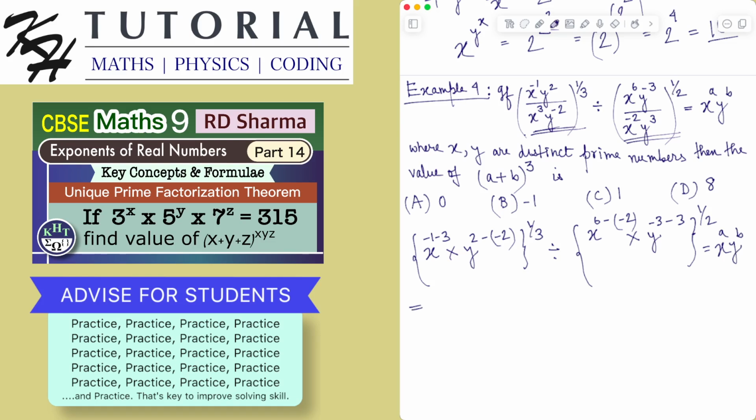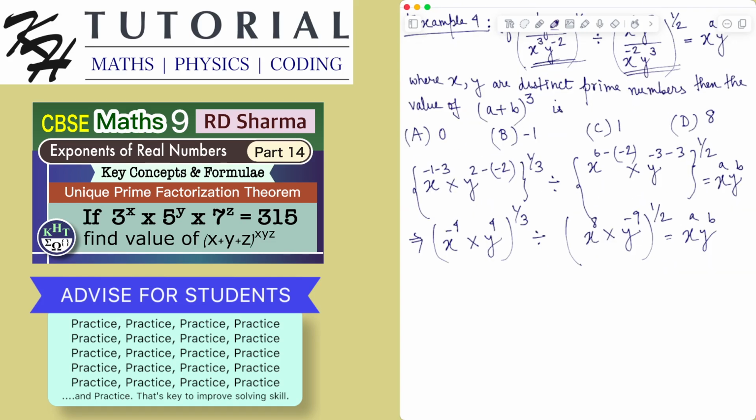Okay, so further simplifying the powers, we get x to the power minus 4 multiplied by y to the power 4, this whole raised to the power 1 by 3 divided by x to the power 8 multiplied by y to the power minus 9, this whole raised to the power half, is equal to x to the power a y to the power b.